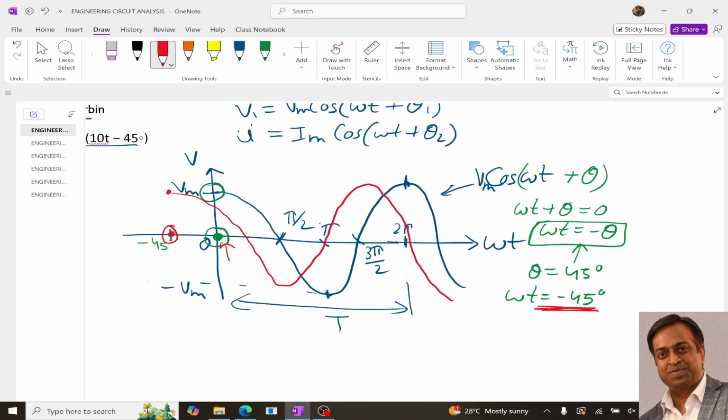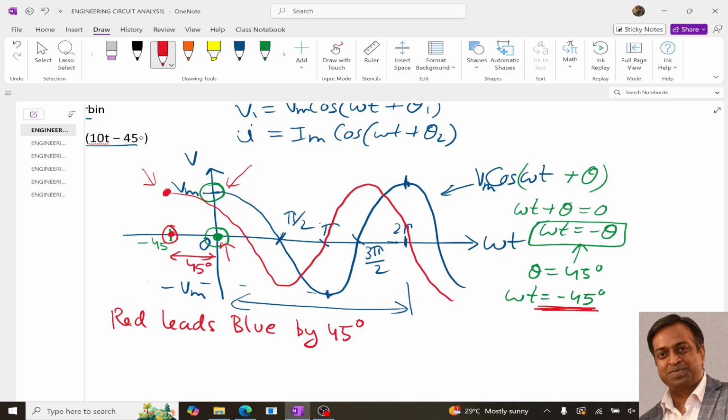The main thing we need to understand is the shifting. Because omega t equals minus 45, the shifting is towards the left, and since the shifting is towards the left, you can note that the red one has achieved the maximum before the blue one. So we can say that red leads blue by theta, or by 45 degrees, because the distance between the blue and red is 45 degrees.